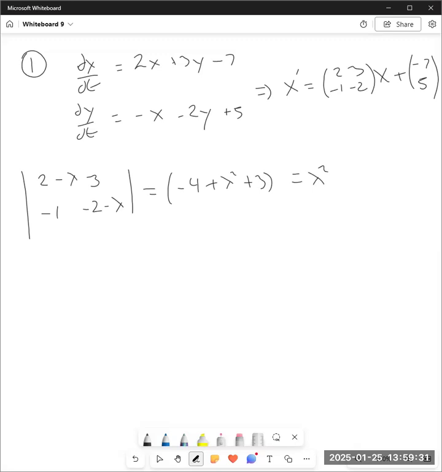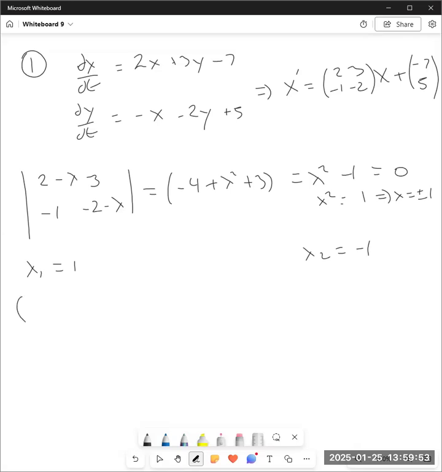That is equal to lambda squared minus 1 equals 0. So lambda squared equals 1, meaning that lambda is equal to plus or minus 1. So lambda 1 is going to be 1, and lambda 2 is going to be negative 1.